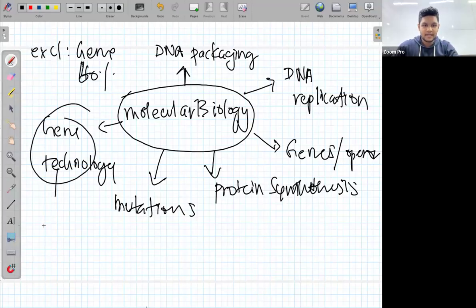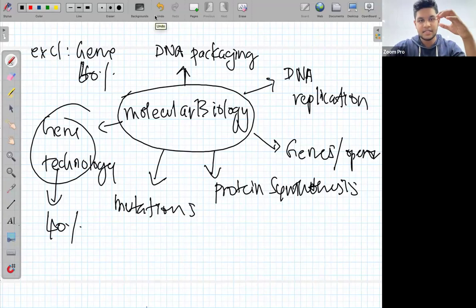Gene technology solo carries 40% of the lesson. Is that clear? All other portions except gene technology will be carrying 60% of the lesson, and gene technology solo will be carrying 40%. So it is a huge content part.